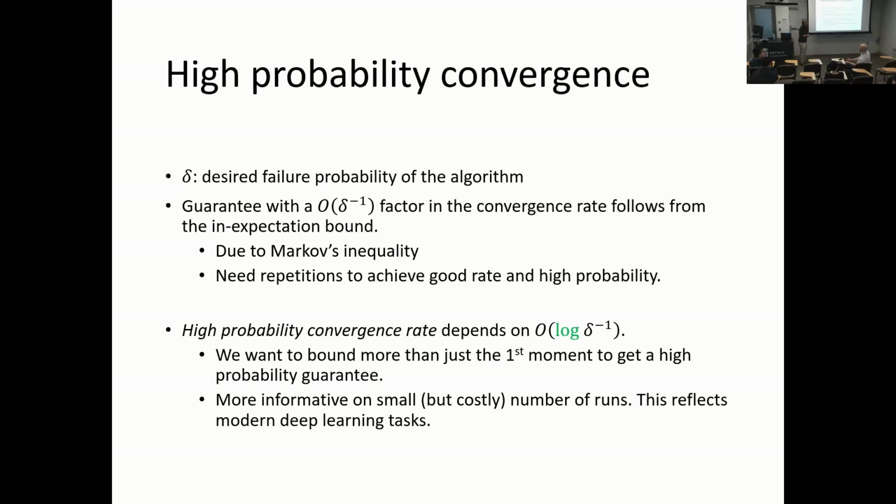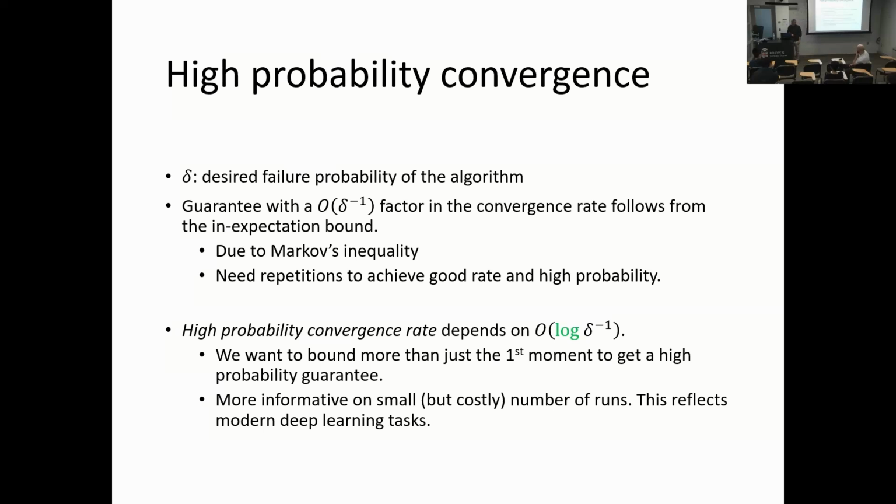Ideally, we want the dependence of the guarantee on the failure probability to be logarithmic in the failure probability, as opposed to linear. So instead of studying the first moment of the error, can we understand the higher moments of the error?